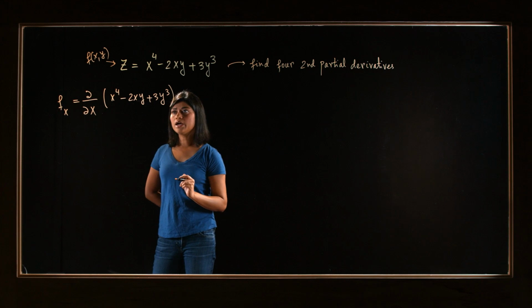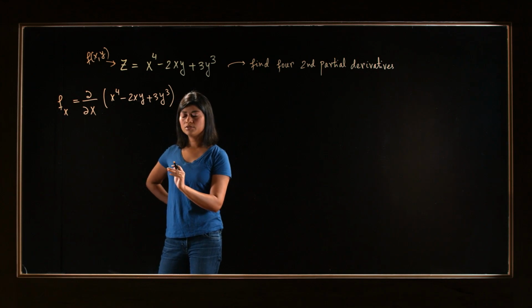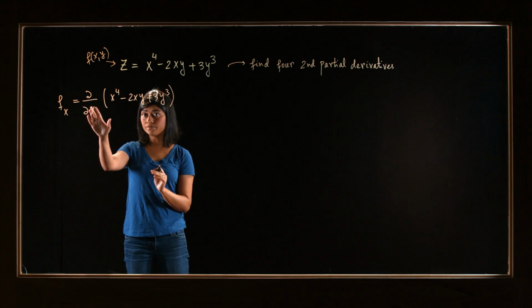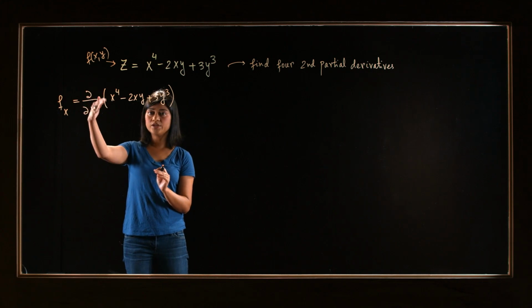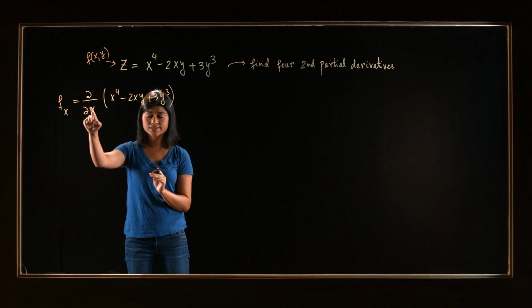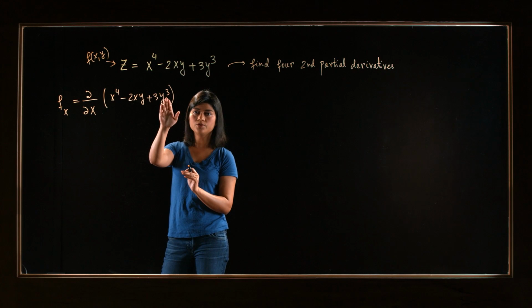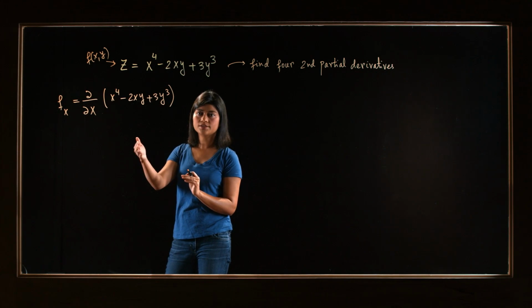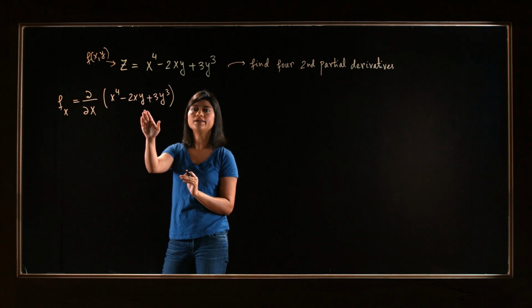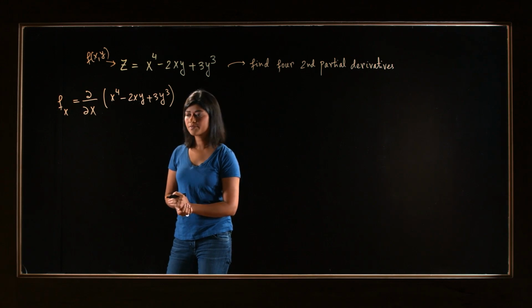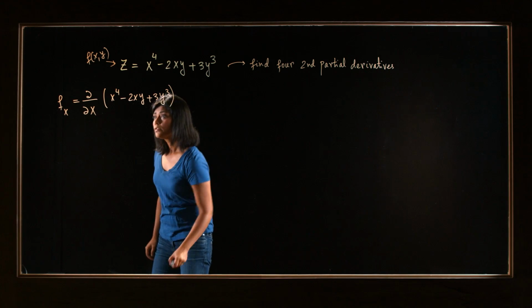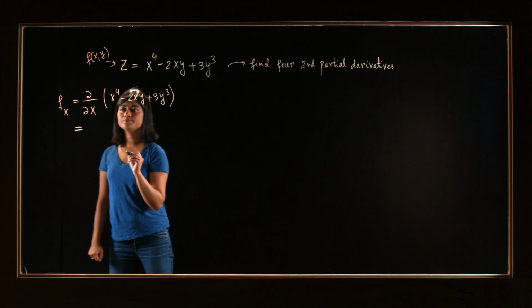Now, recall that this is a partial derivative, and therefore, since we are taking the derivative with respect to x, all the other variables are considered constant. So that means the variable y will be considered constant. Okay. So let's compute this derivative.